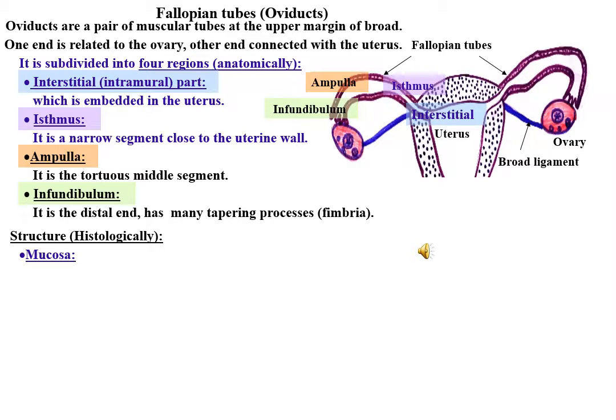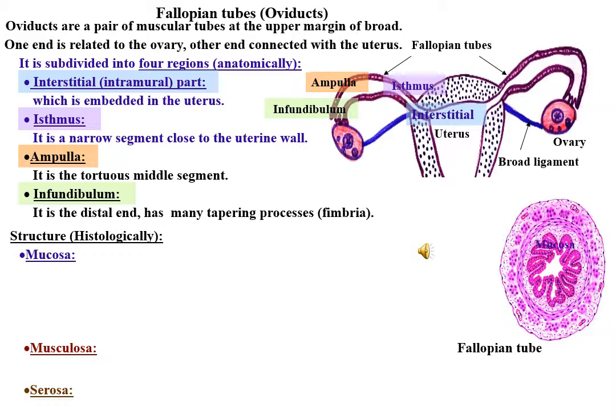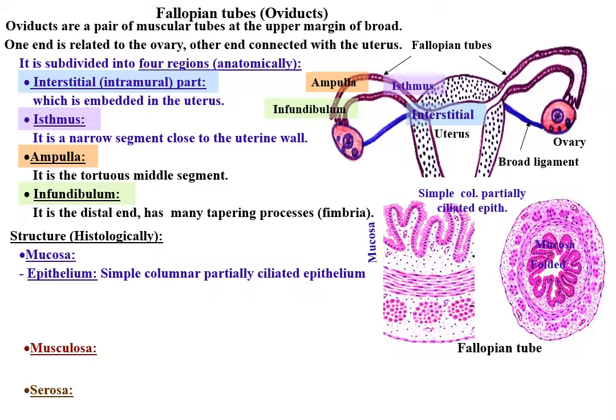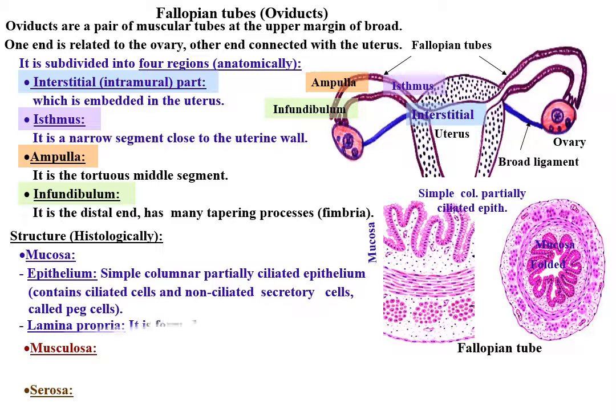Histologically, the wall of the tube consists of 3 layers: mucosa, musculosa, and serosa. The mucosa is highly folded and consists of simple columnar partially ciliated epithelium, containing ciliated non-secretory cells and non-ciliated secretory cells called peg cells for nourishment of the spermatozoa and the zygote.